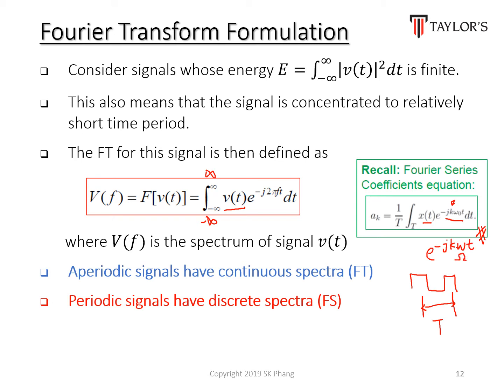And here is just e to the negative j omega t. And you know omega is 2 pi f, so if you see 2 pi f here, it's the same as omega. So the formulation is basically the same. It's just that the integration limits are changed from negative infinity to positive infinity. And there is no more k over here because this is no longer a discrete function.